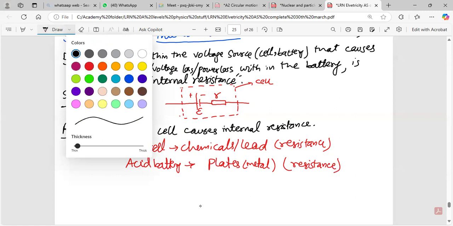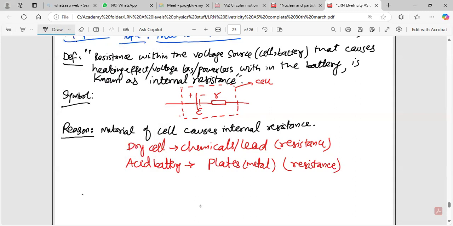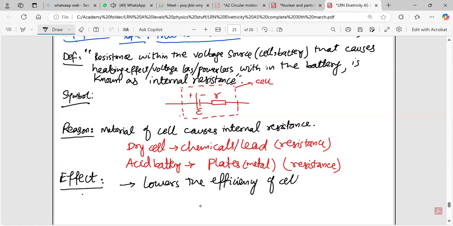Okay, so what is the effect of internal resistance? Its effect is that it lowers the efficiency of the cell, which means less output voltage.